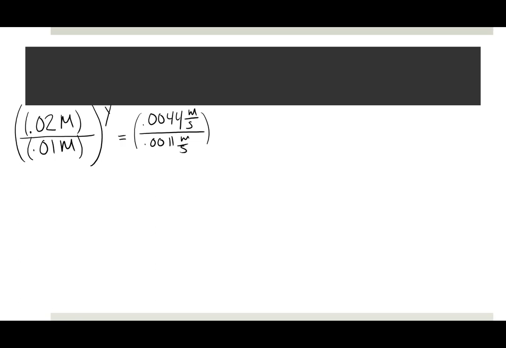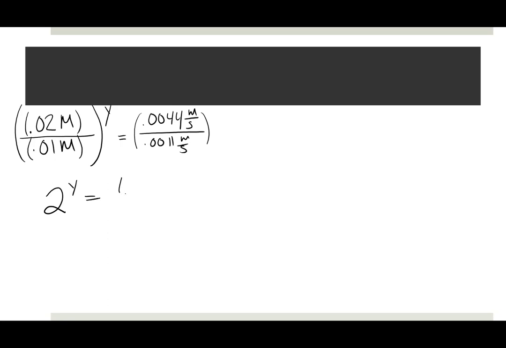So I plug this into my calculator. Some of you may see it here, some of you may see it at the next step, and that's fine. So plug it into my calculator, 0.02 divided by 0.01. And I get 2^y equals, plug this side, 0.0044 divided by 0.0011.